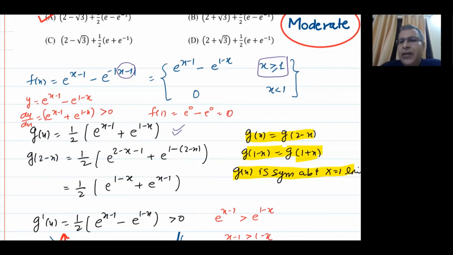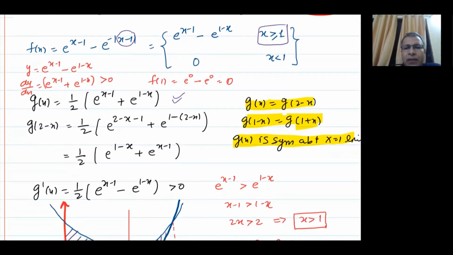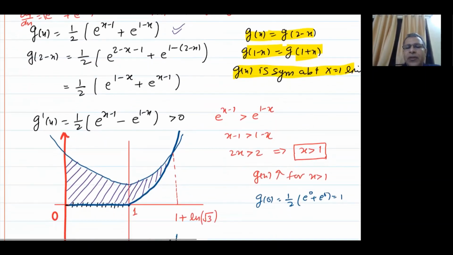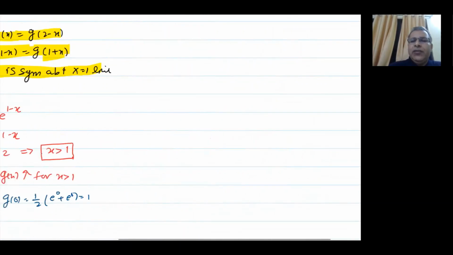So g(x) is symmetrical about the line x = 1, right? So now we get g(x) = 1/2 (e^(1-x) + e^(1+x)). Then we find the derivative of g(x), and the derivative of g(x) for x greater than 1 is positive. So the graph of g(x) is symmetrical about the line x = 1.